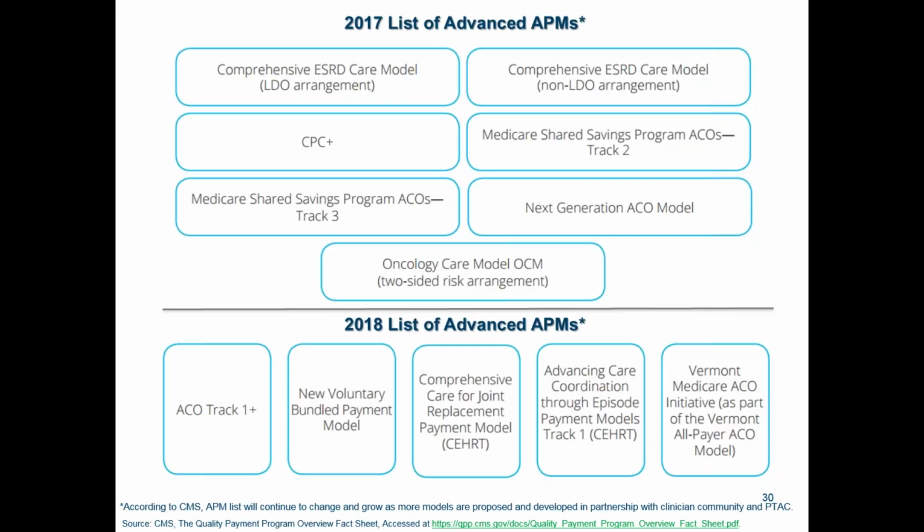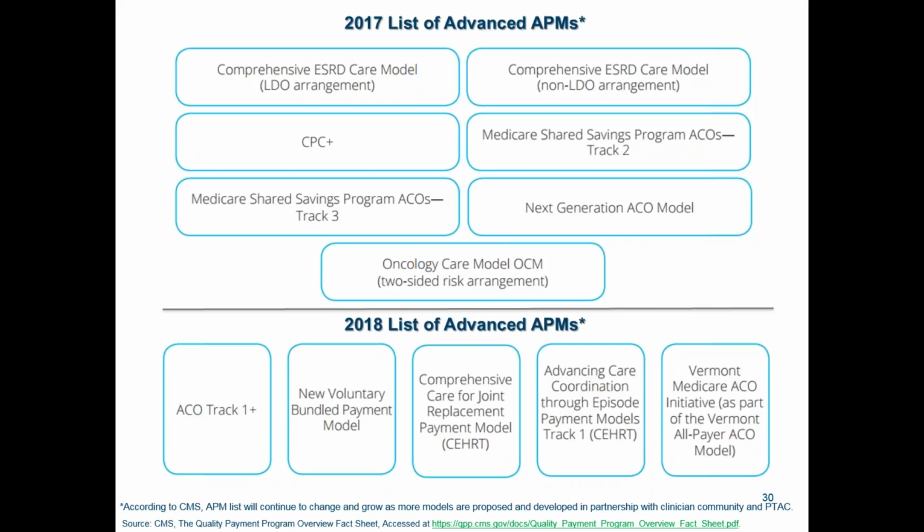So CMS has agreed to have CPC Plus and Next Gen come out this year for participation, or they'll put out another release for groups to participate in 2018. So there is more opportunity for folks to jump into some of these advanced payment models, which is really important because that is the ultimate goal for CMS. They want to move physicians and healthcare organizations into these payment models that pay for value.